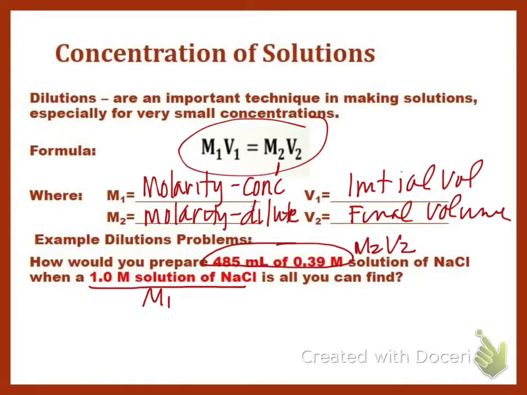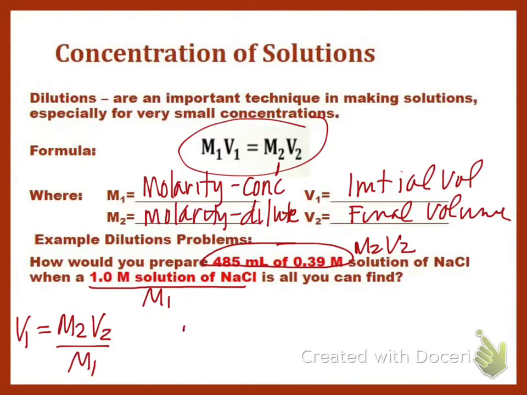Okay? So it wants to know how you would prepare this solution if you had a 1 molar solution. So what we're going to be looking for is how much of the original we would use, how much volume of this 1 molar would be used. So we're going to be solving for V1. So we're going to arrange the equation to solve for that. So it'd be M2V2 over M1. Okay?